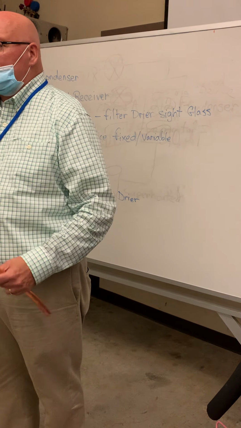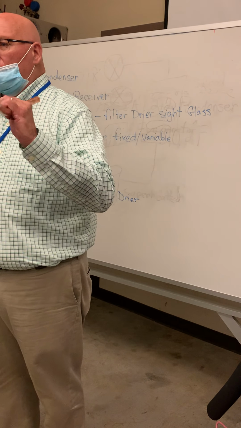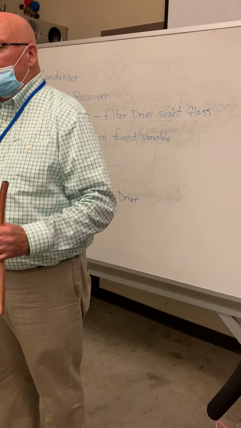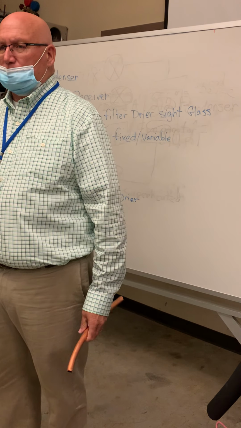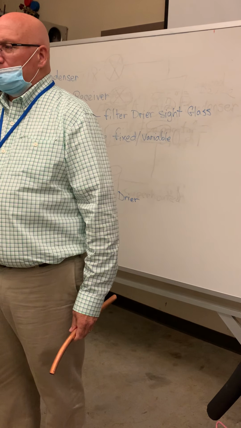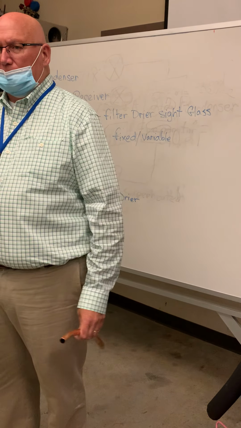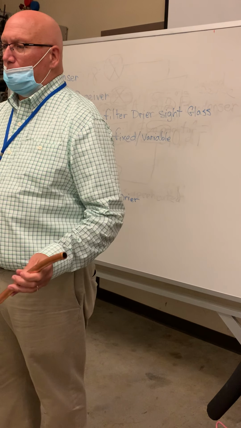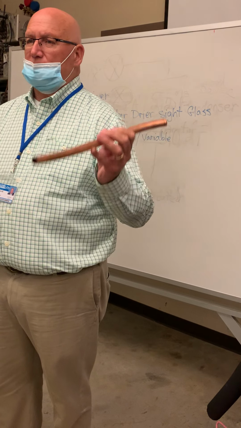What happens with gas? Those molecules have expanded, right? Needs more space. Liquid, more dense. We're going to use a smaller space. So the suction line is always bigger than the liquid line. Or, if you want to really get into it, the liquid line is always smaller than the suction line, whichever way works for you.